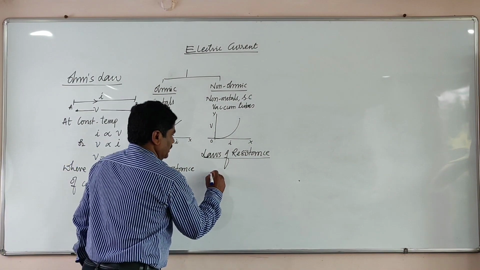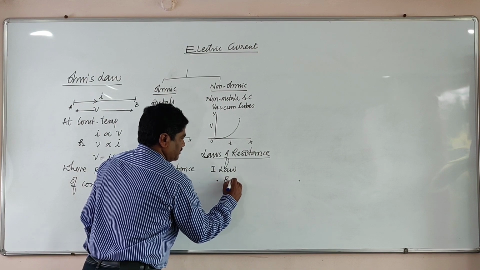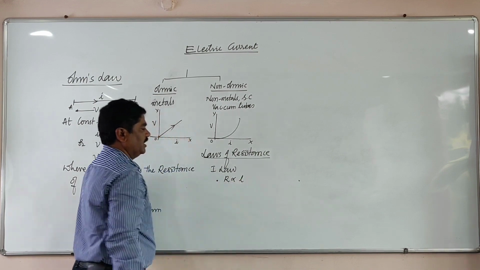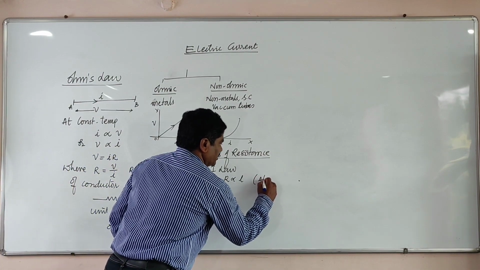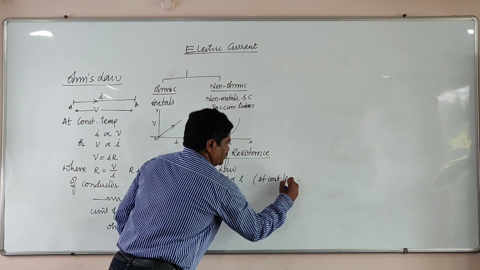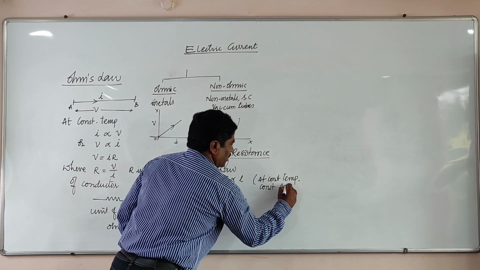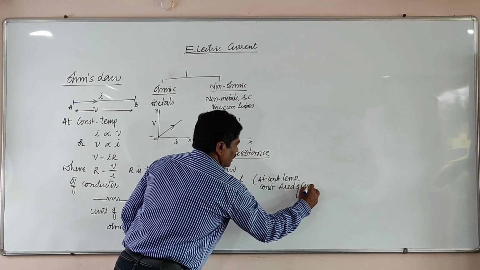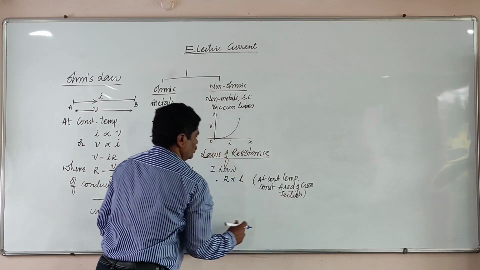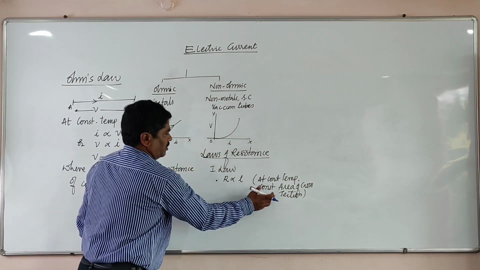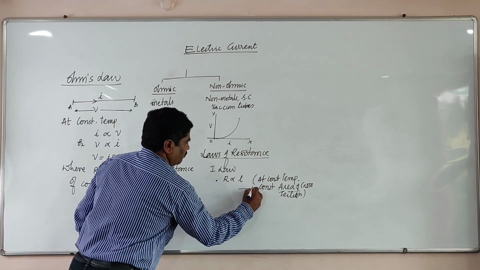The first law says that the resistance of the conductor is directly proportional to the length of the conductor at constant temperature and constant area of cross section. So the thickness must be constant, and the temperature constant. Then only R is proportional to L.